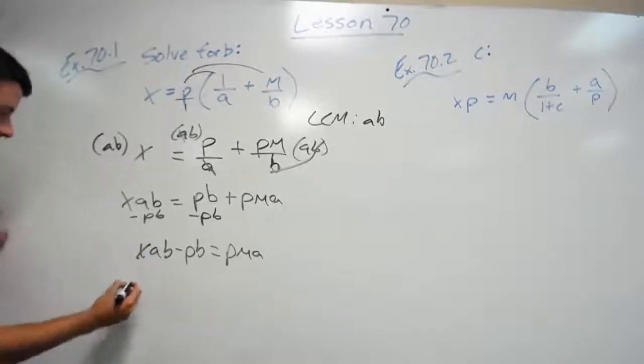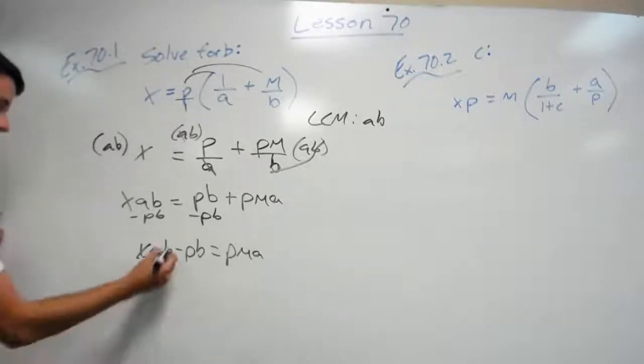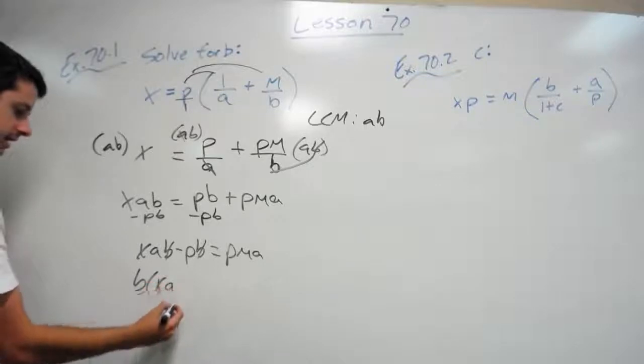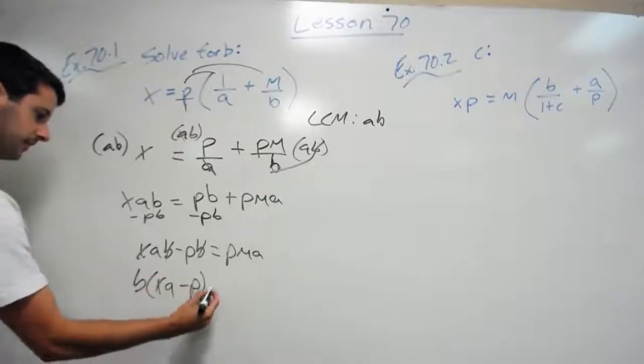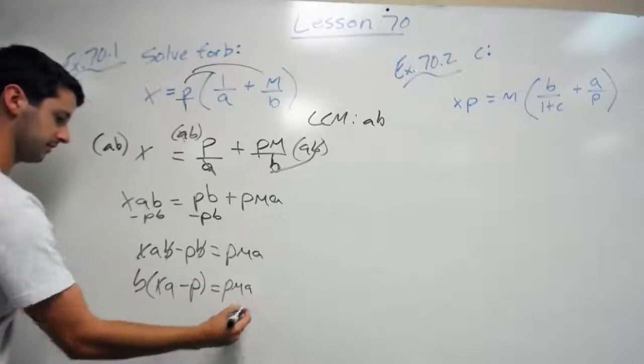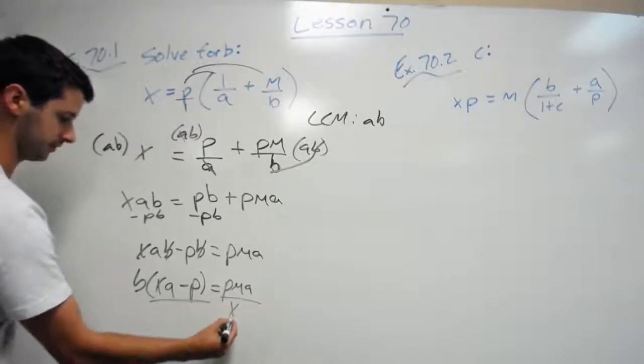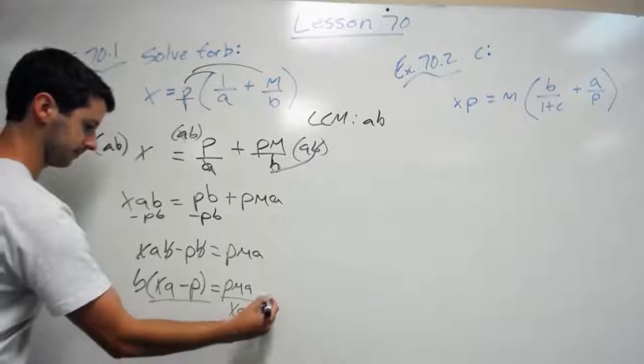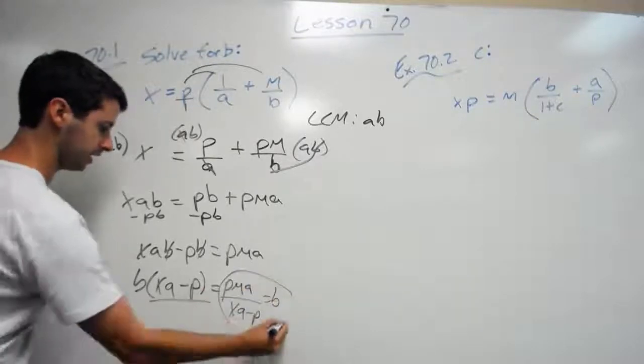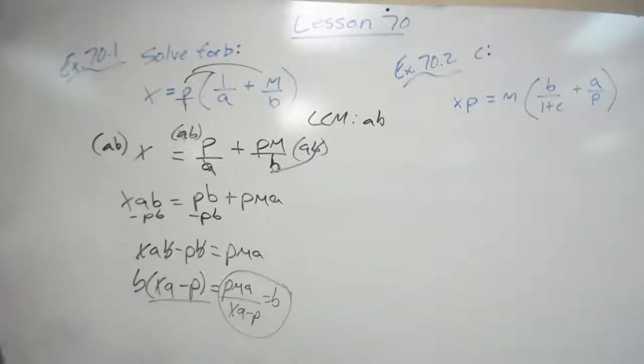Well, now we can factor out the b, and we're left with xa minus p equals pma. Divide by that on both sides. pma over xa minus p equals b. So there is your answer.